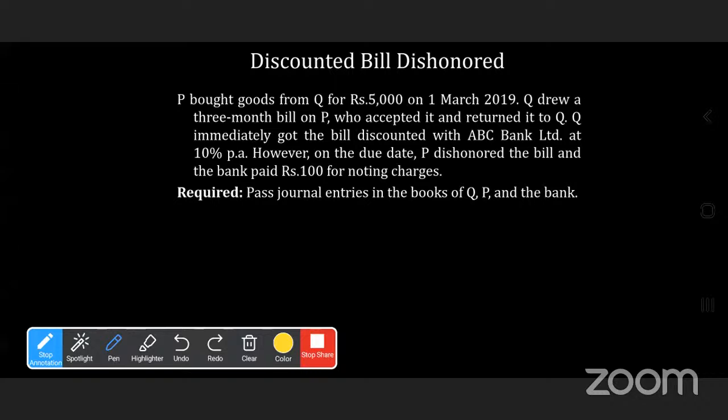Q immediately got the bill discounted with ABC Bank Limited at 10% per annum. However, on the due date, P dishonored the bill and the bank paid rupees 100 for noting charges.